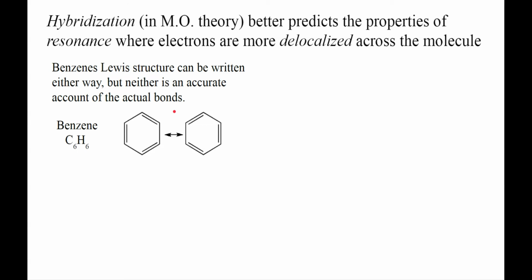And the main difference between the hybridization we already talked about is instead of atoms hybridizing their own and then overlapping and sharing, here we're going to say the orbitals across the entire molecule hybridize. So it's not just carbon gets its stuff together and then overlaps with another carbon.